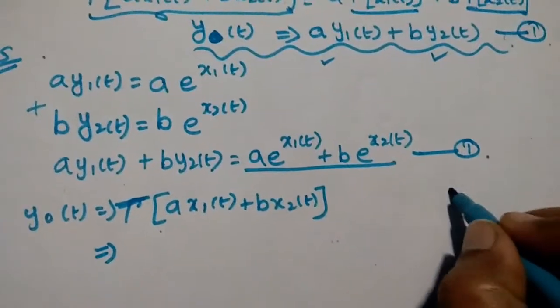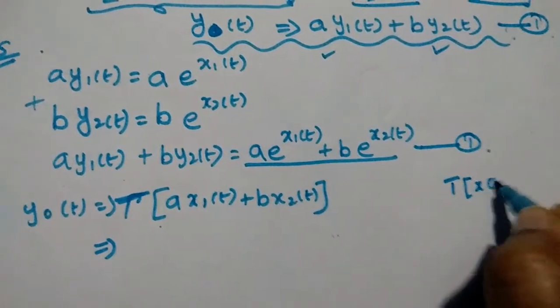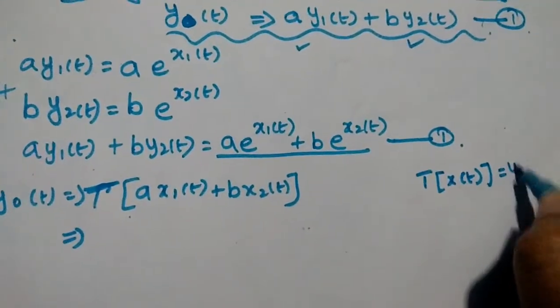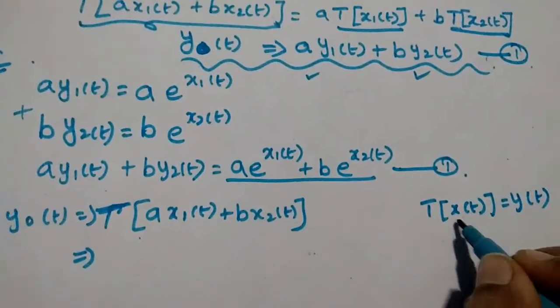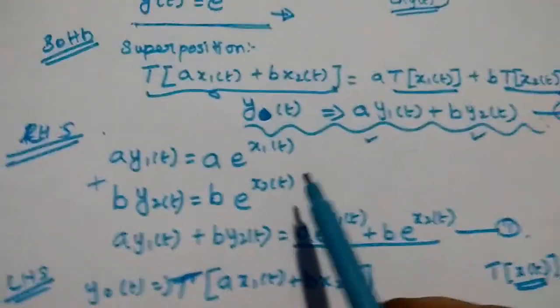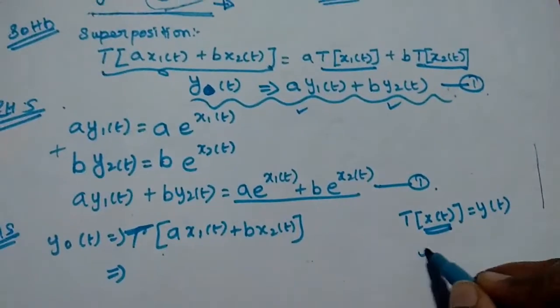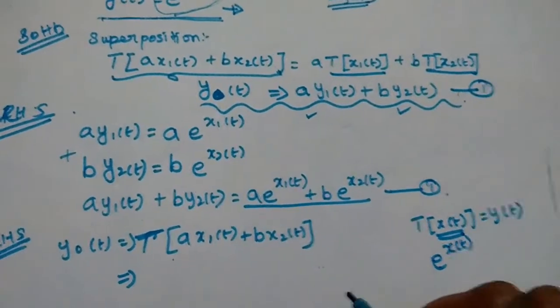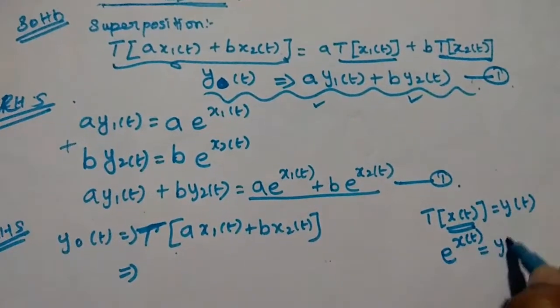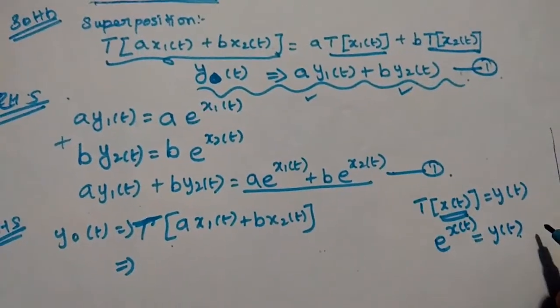As you all know that T of x of t is equal to y of t. That is the input. What is the input? This is the input as such. So here the y of t value is e power x of t.